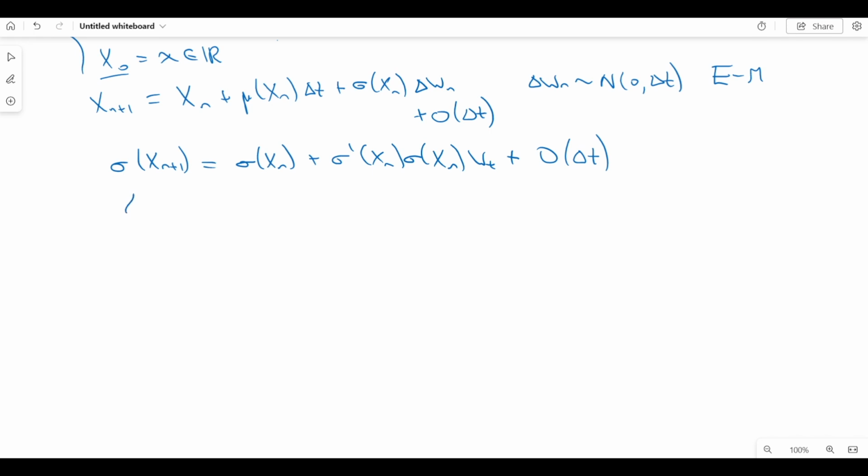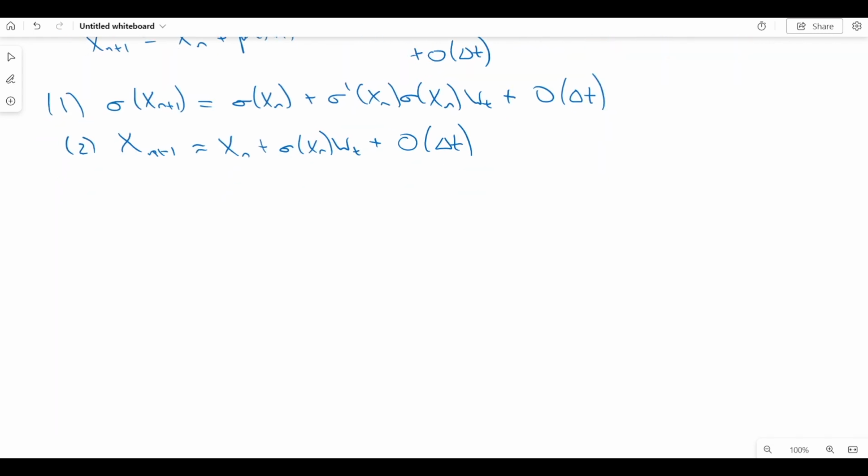Now, the second thing we do is use the following approximation for the next time step. It turns out we can write this as approximately xn plus sigma of xn delta wt plus, again, an error of the same order.